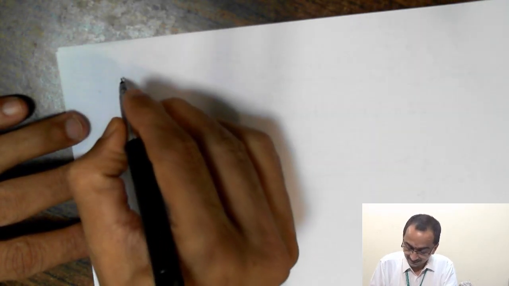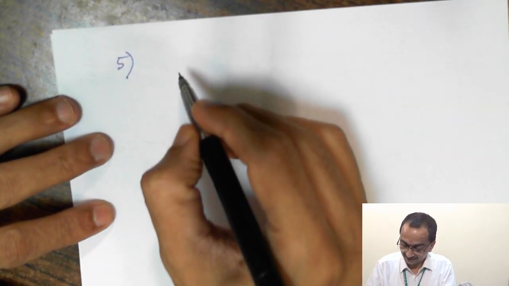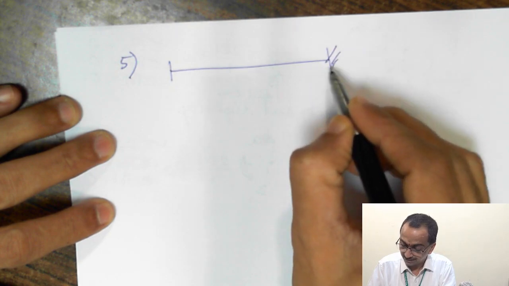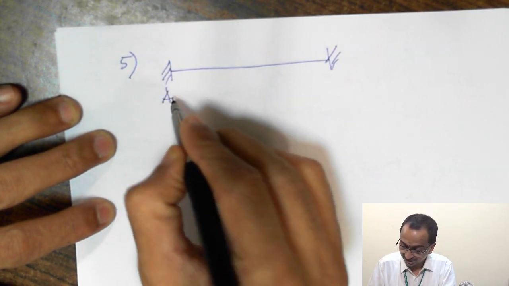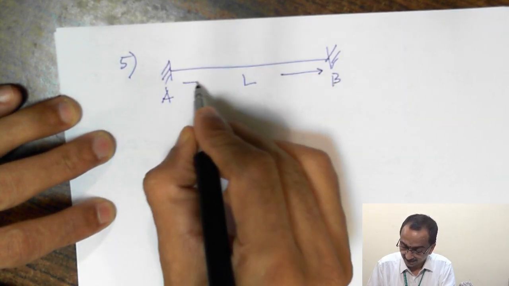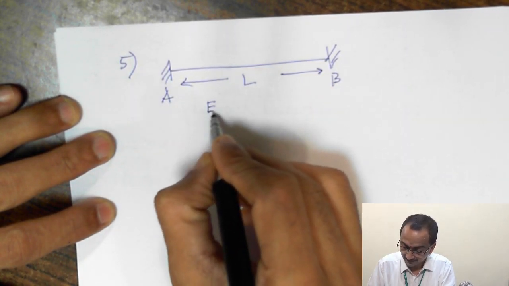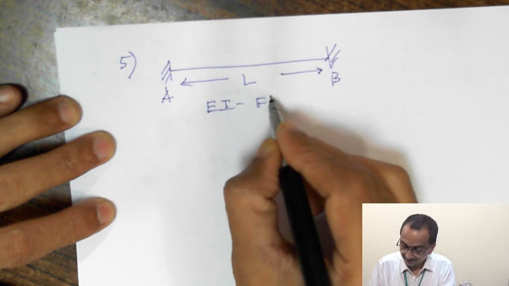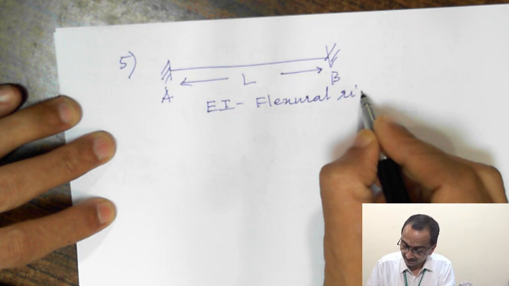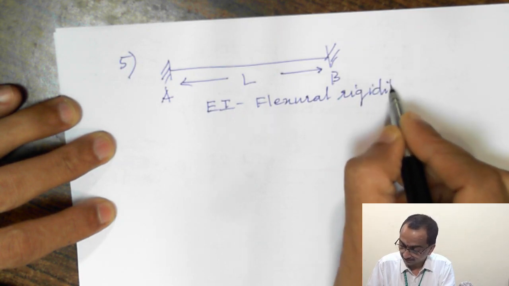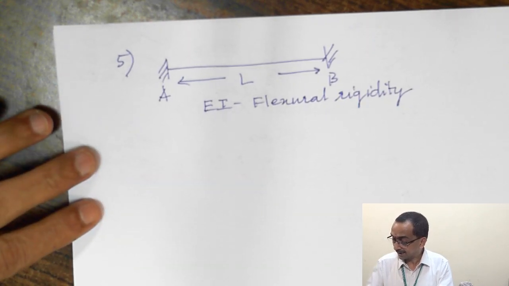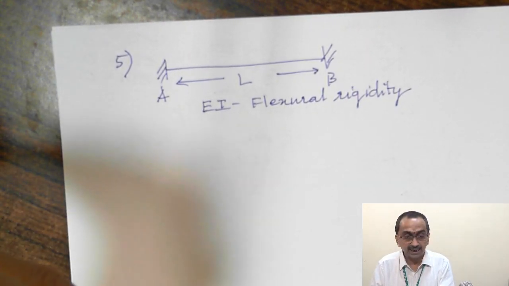So again same principle, consider case number 5, that is a beam AB which is fixed, having length L and flexural rigidity EI. EI is the flexural rigidity of the beam AB. Now what will happen if I displace this end A downwards?